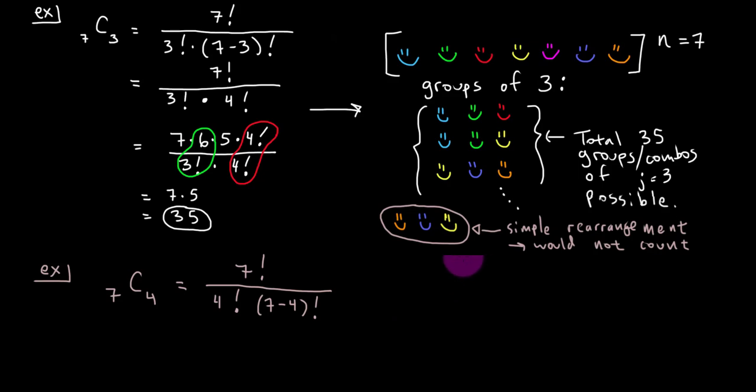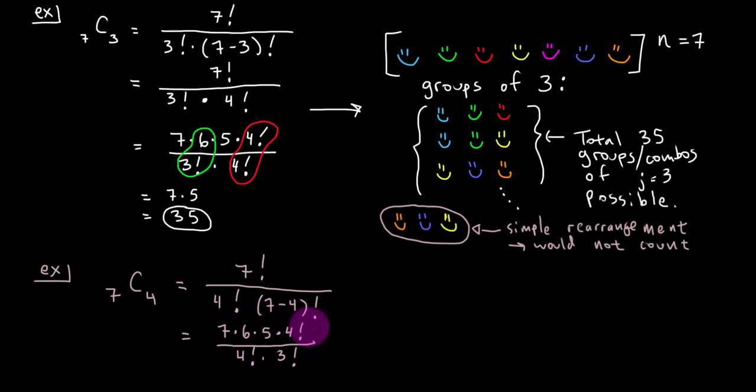Now that we know that there's a cancellation waiting for us, let's rewrite the denominator as 4 factorial times 3 factorial, and strategically rewrite the numerator knowing that a cancellation is about to occur yet again with the 4 factorial.